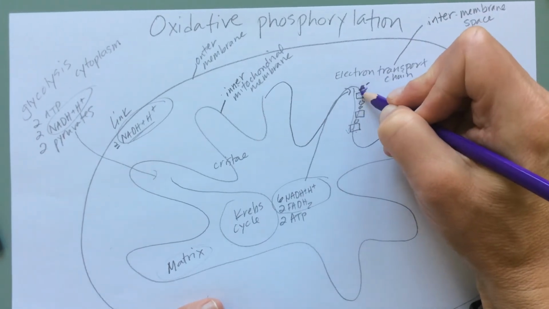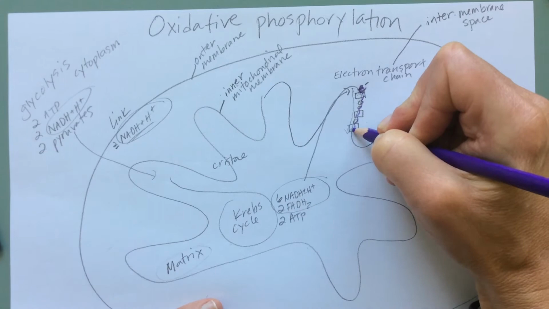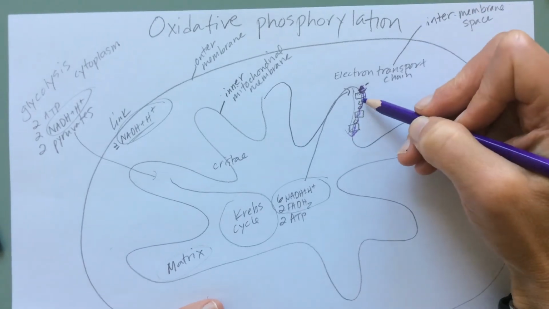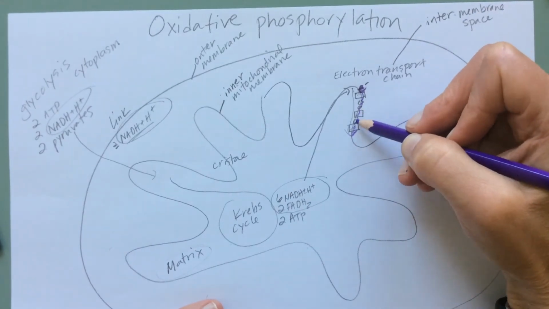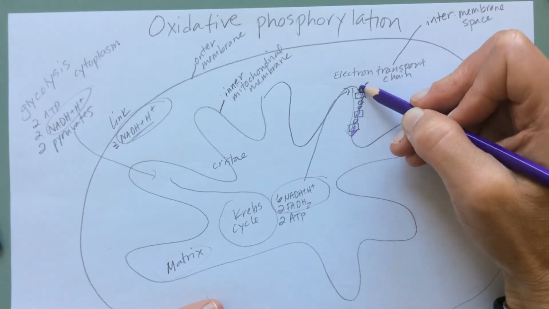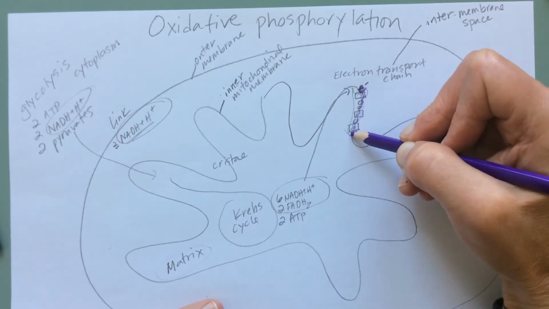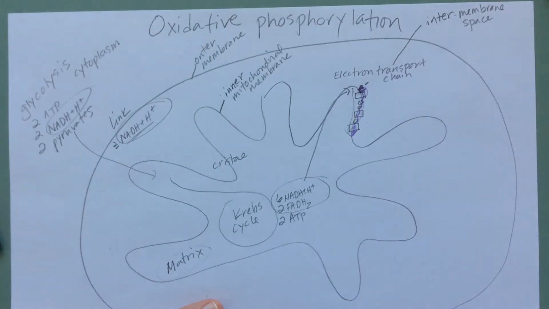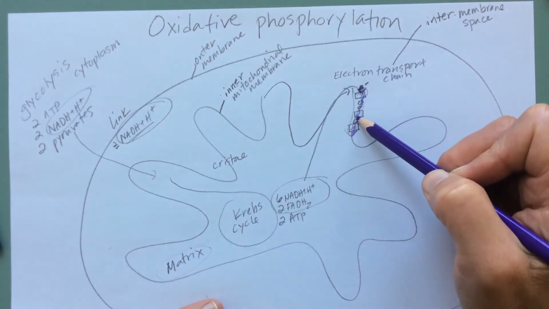They're going to give an electron here. And this electron is going to be passed down the electron transport chain from one molecule to another. Now, each of the molecules in this chain is more electronegative than the one before it. So that electron freely passes down, just like it's moving along its gradient from one to the next to the next.